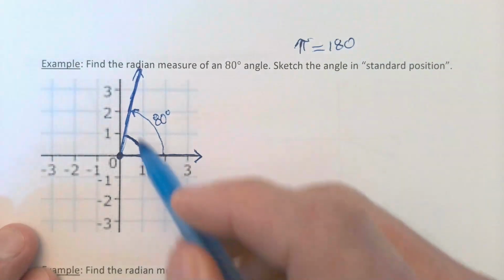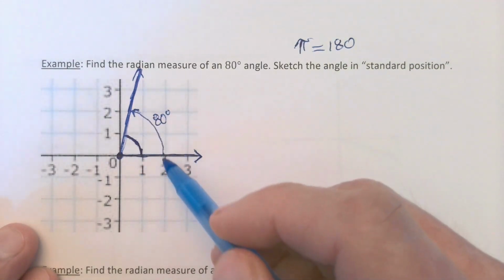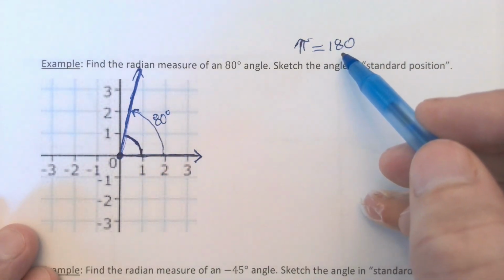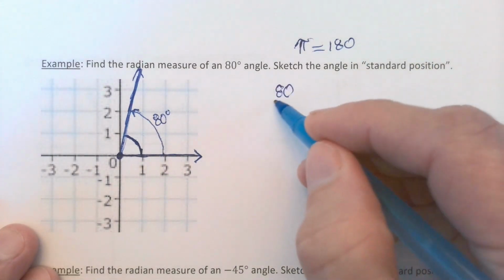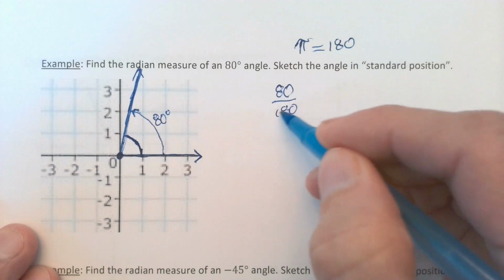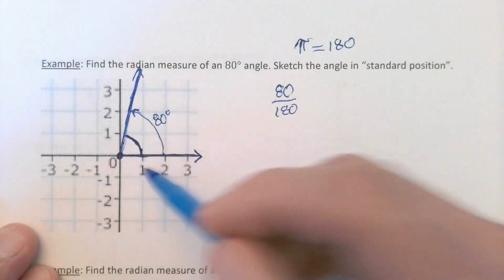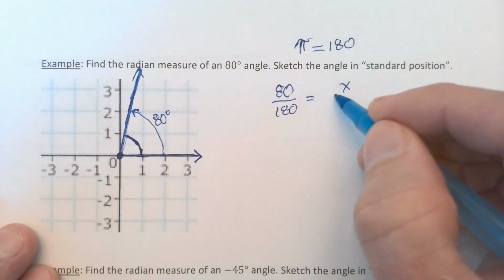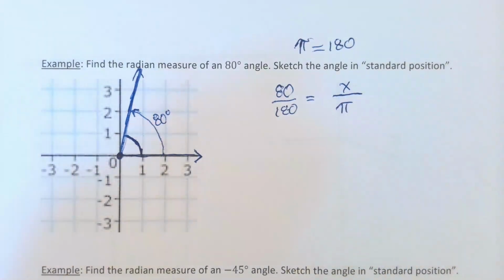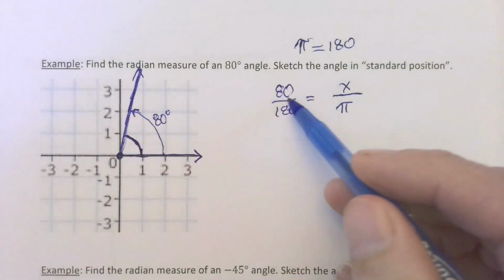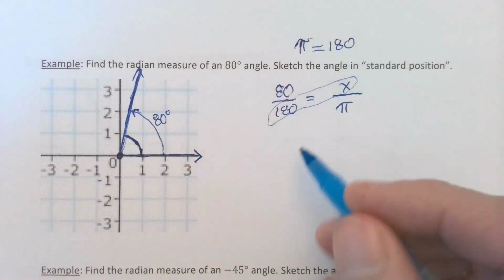Well, this is smaller than pi because 80 is smaller than 180. So one way to do this, if you're comfortable with this, is go, okay, 80 compared to 180 is this arc that I don't know yet, so let's call it x, compared to the radian measure of halfway around the circle, the unit circle. And you could solve that by multiplying these.